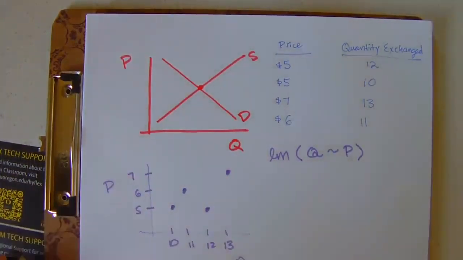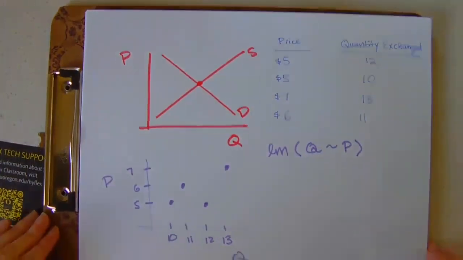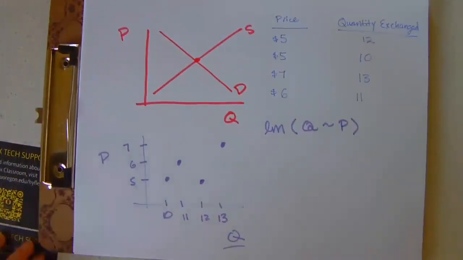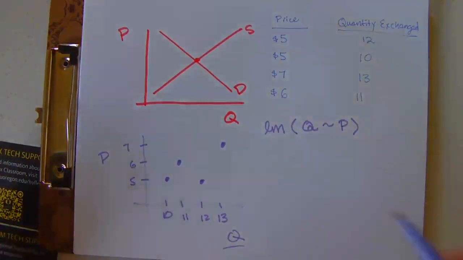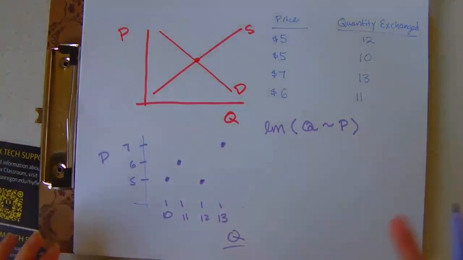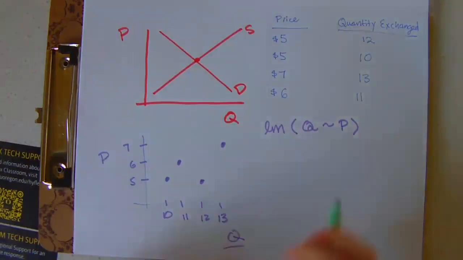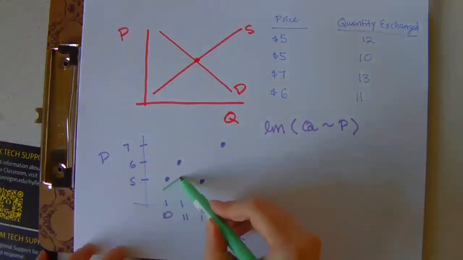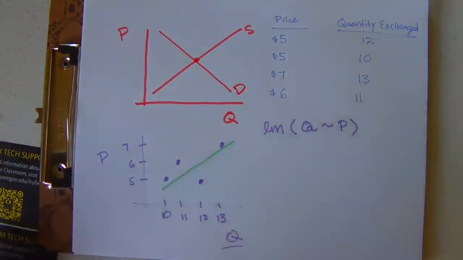We usually think about quantity as the dependent variable, which is why I have quantity as the Y. You could also do P on Q. And so using linear regression, you find the line of best fit with these lines. And you find something that looks like this, right? That's the line of best fit here.